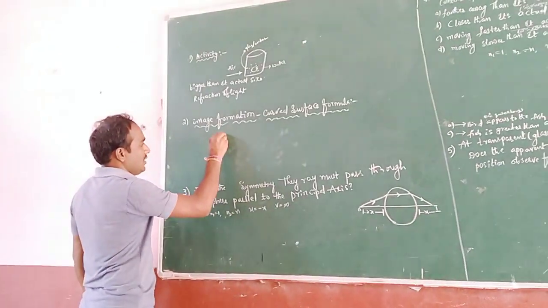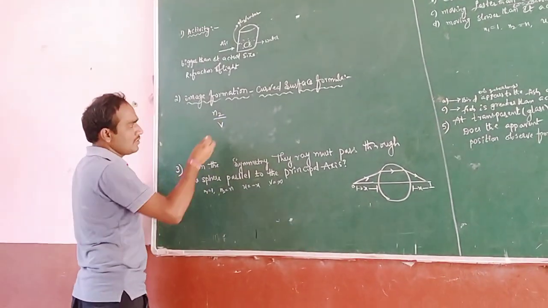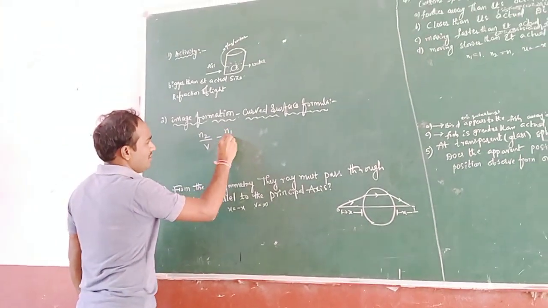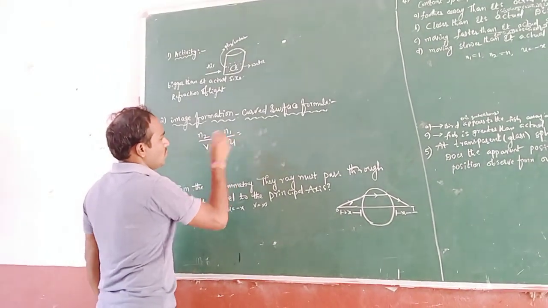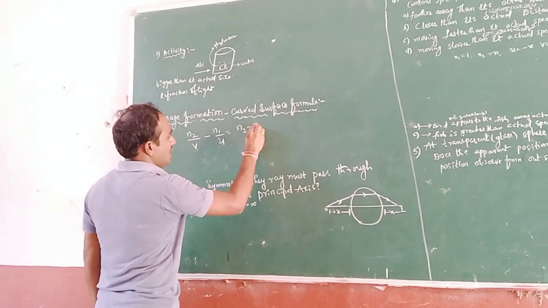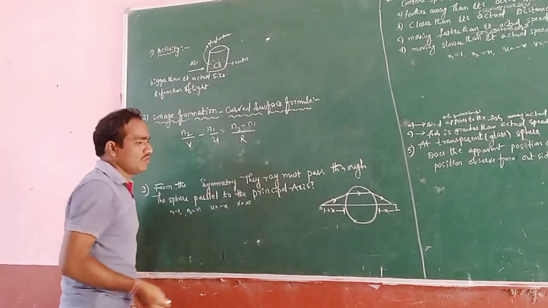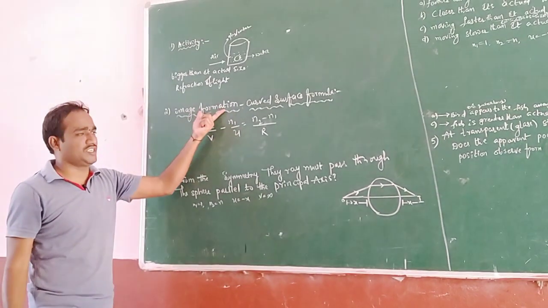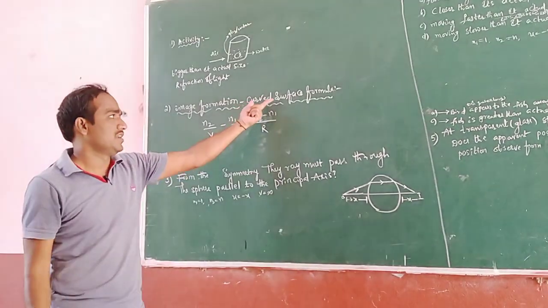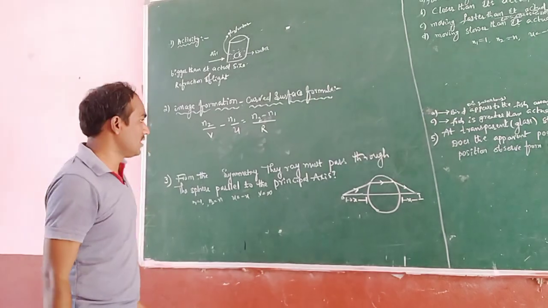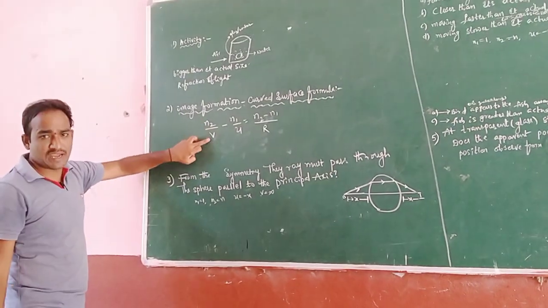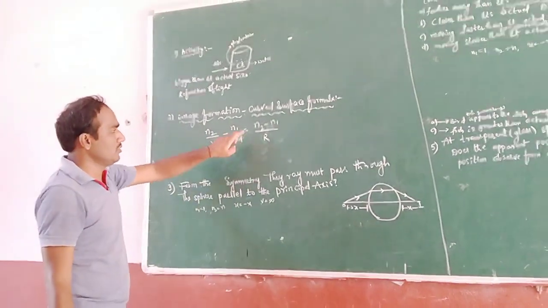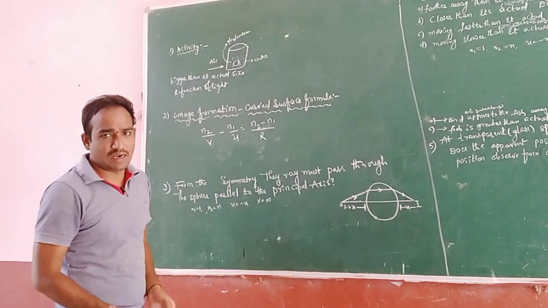The formula is N2 by V minus N1 by U is equal to N2 minus N1 by R. What is this? It is the formula of image formation for a curved surface.